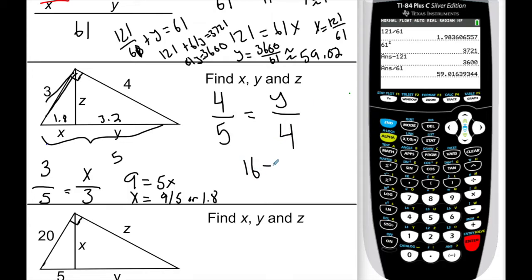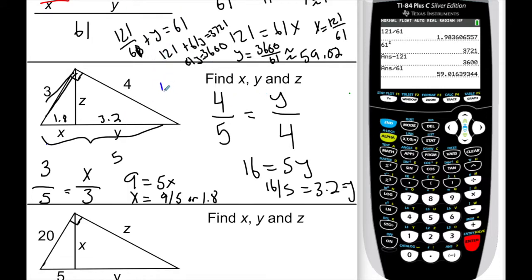So 16 equals 5y, so 16/5, which is 3.2, equals y. Exactly. Okay. And now to get z, I've got to set up one last proportion.